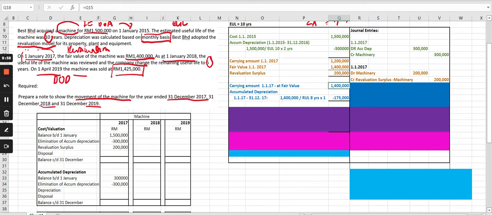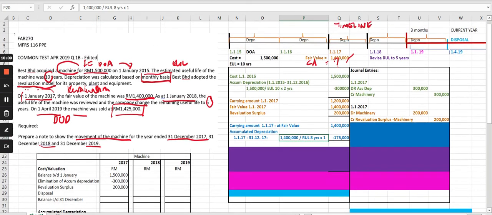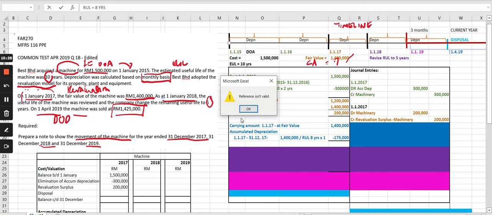So the depreciation for that year is 1.4 million, the fair value given, divided by the remaining useful life, which is now 8 years, because you have already depreciated the asset for 2 years. So the RUL here is 8 years.